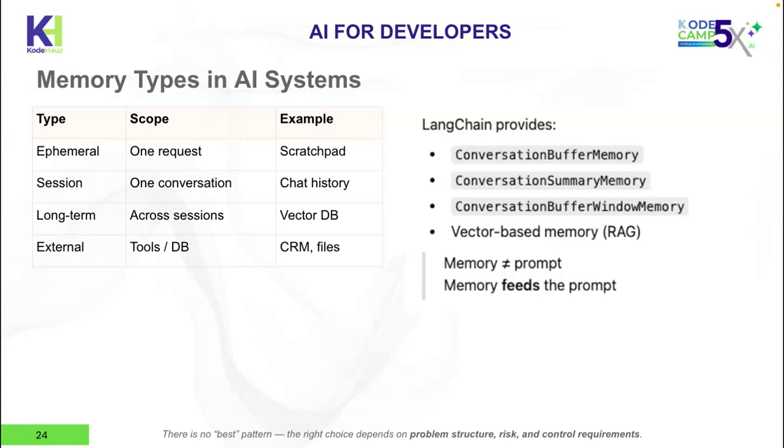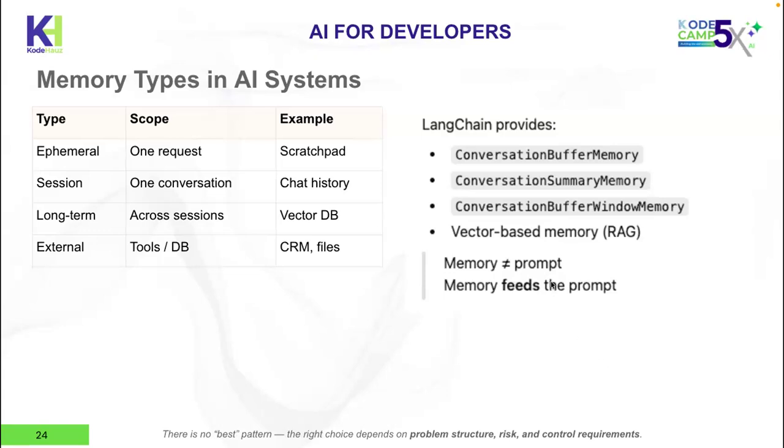And then you have external memory, which comes from the tools, API calls, from the database, and so on. So examples are stuff that you get from the CRM and stuff that you get from the file system, from databases, and so on, right?